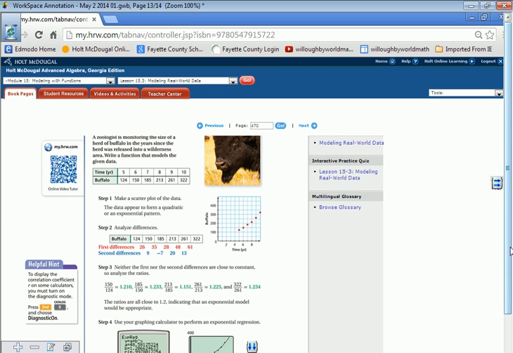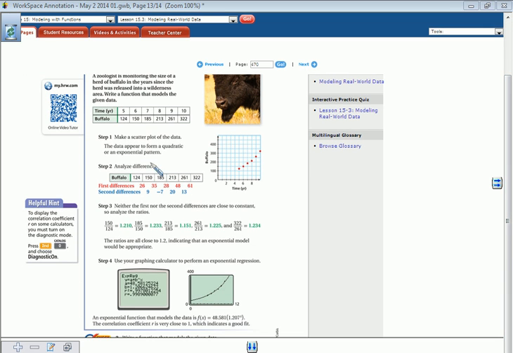Okay. So on page 470, they give us another example here. And here we have it increasing. The first differences are not constant. The second differences are not constant. We look at the ratios.